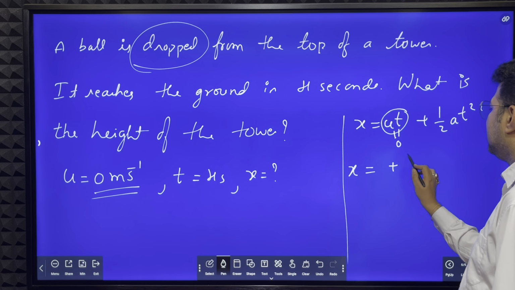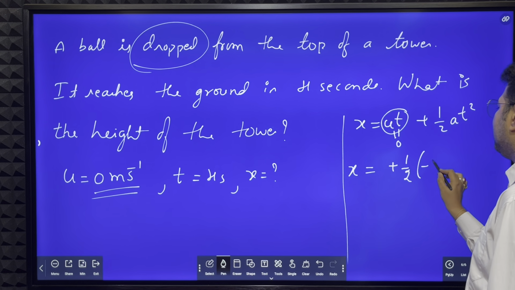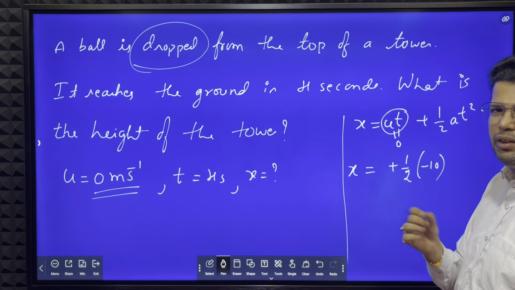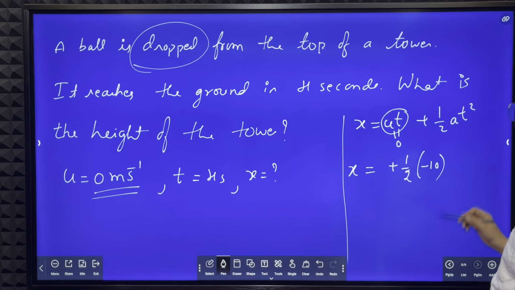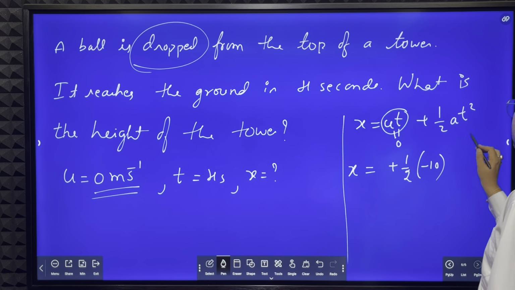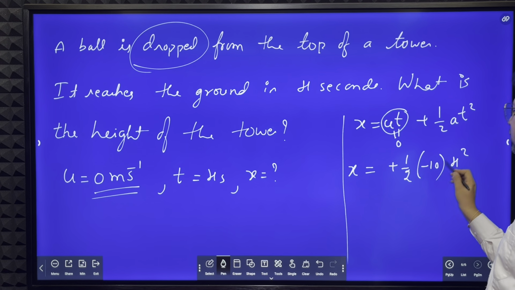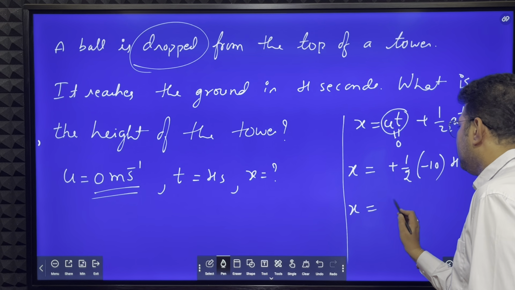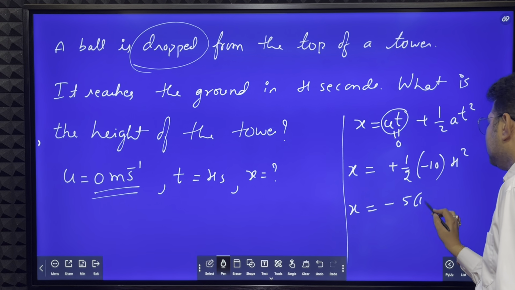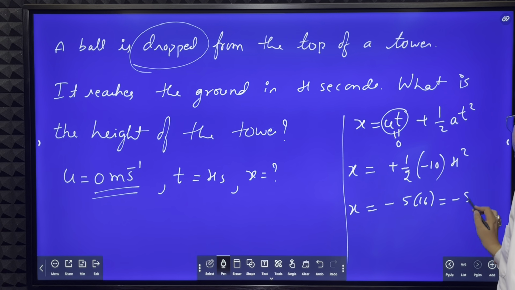So plus half into acceleration, which is always negative, minus 10. We take g equal to minus 10, into t square, 4 seconds, 4 square is 16. 10 by 2 is 5. So x is equal to minus 5 into 16, 16 into 5 is minus 80 meter. Correct. What is minus 80 meter?